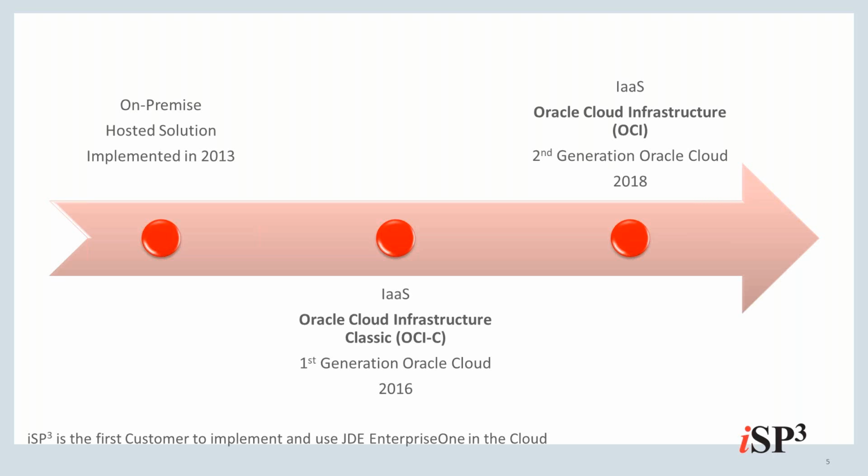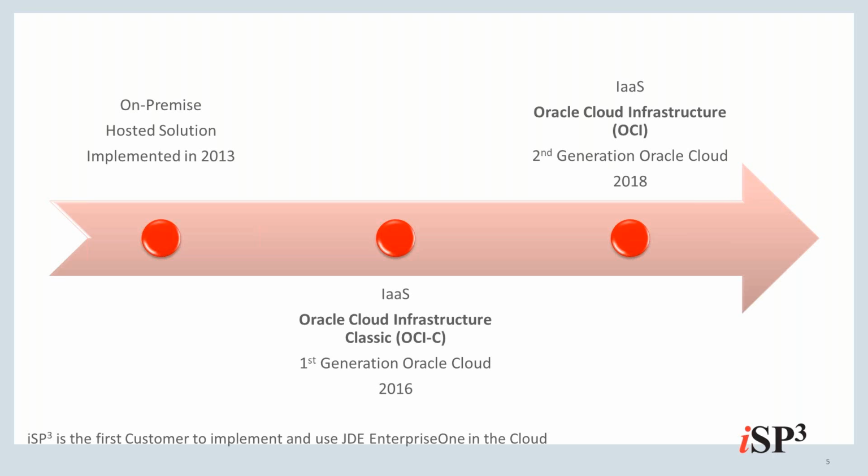In 2016, we decided to move into the first generation Oracle Cloud, which they call Oracle Infrastructure Classic, or OCIC. That's the time frame when Oracle came up with the idea of Infrastructure as a Service, and we were one of the early adopters.